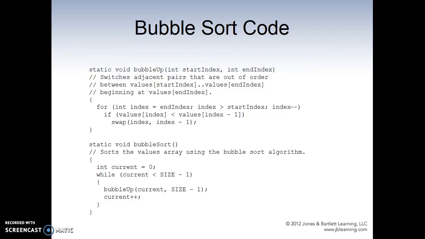So this is how we implement it using Java. So just create a bubble up method, passing start index and end index, and just do iteration with index equal to end index, until index is greater than start index, right? And decrement it.